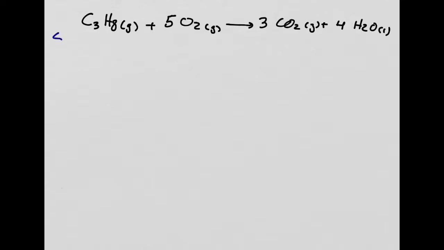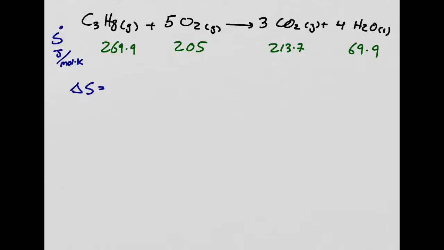Now I want to give you the entropy values in joules per mole K. I looked them up; you can look them up in your textbook. Now what I want to do is find the delta S of this reaction.